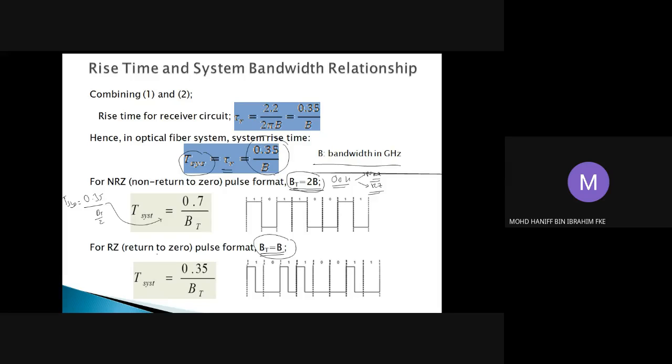Whereas for RZ, return to zero line coding, when we substitute B as equal to BT in this equation, we get that the rise time of the system should be equal to 0.35 divided by BT. Yeah. So this is the equation that relates the rise time and the bit rate or the bandwidth of our optical fiber system, and this will be very useful when we want to design our optical system using the bandwidth budget or the rise time budget analysis.